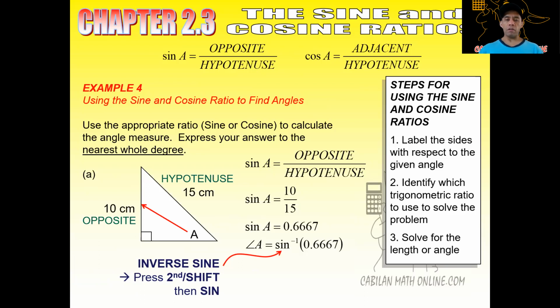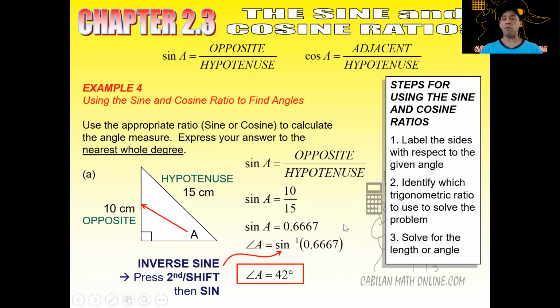An alternate solution is to take the inverse sine by pressing second or shift and then sine, and in brackets you put in 10 divided by 15, and you close the brackets. You can actually get this answer without having to express it as a decimal in between. So that's another way to do it. If you put in 10 divided by 15 inside a set of brackets after you press the second function and the sine, you'll be able to get that answer in one less step.